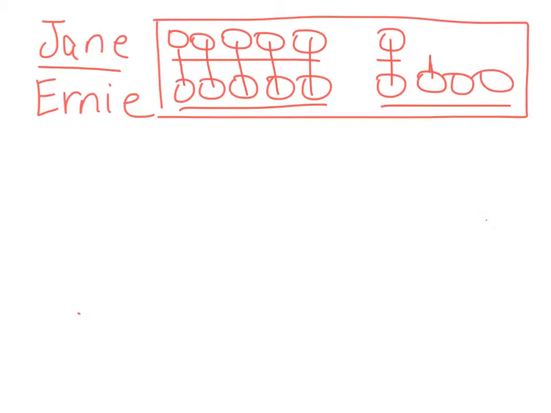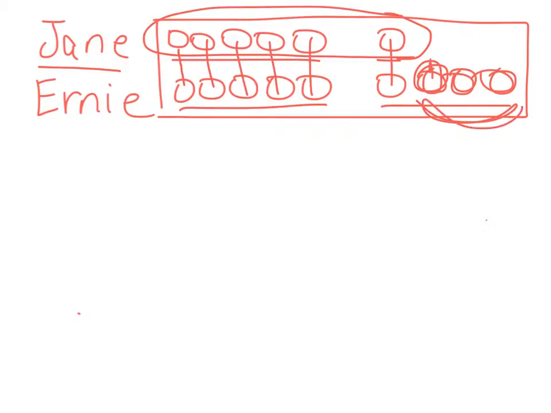I got to 6 apples, which is how much Jane has, and then I ran out of things to connect to, which means Ernie still has 1, 2, 3 apples left, which means Ernie has 3 more than Jane does. That tells us that Ernie has more.